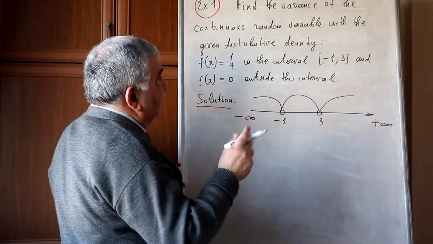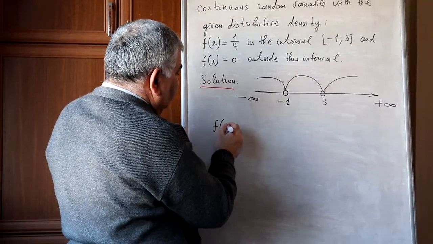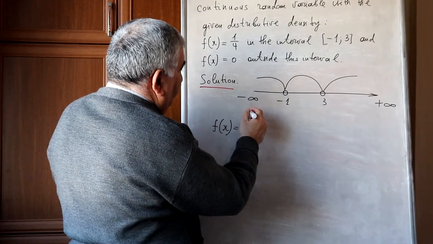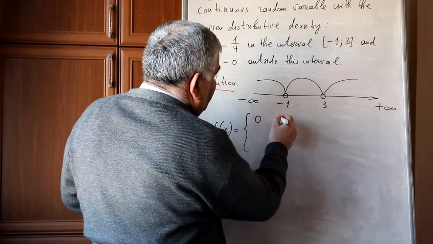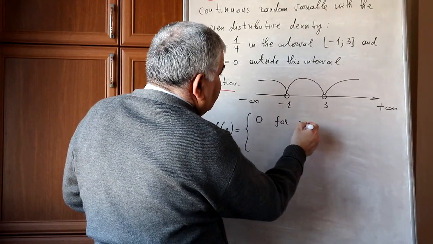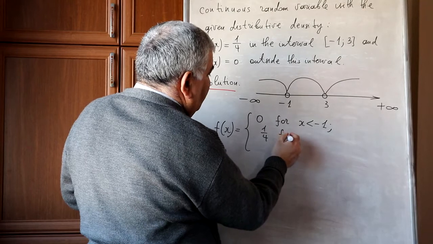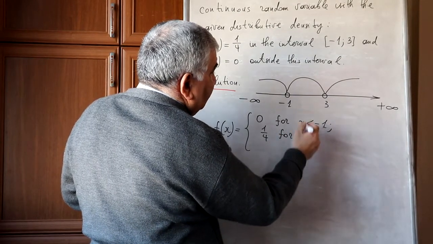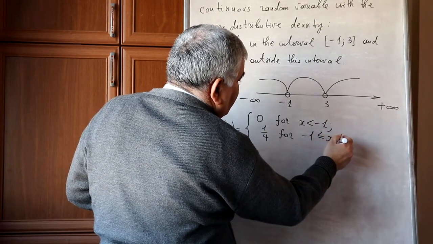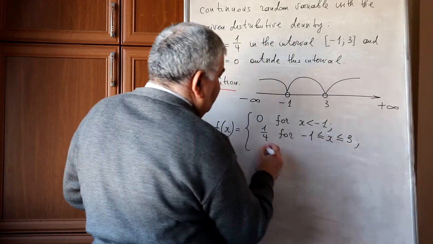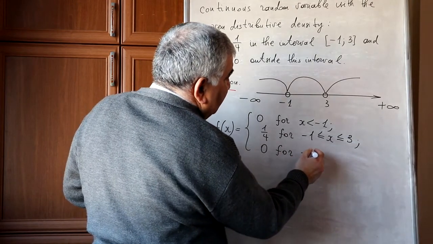For the distributive density, f little of x equals 0 for x less than minus 1, 1/4 for x between minus 1 and 3, minus 1 less than or equal to x less than or equal to 3, and again 0 for x greater than 3.